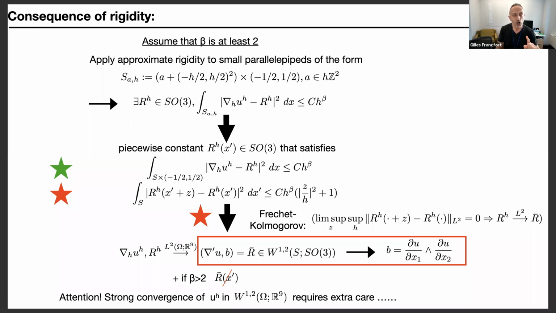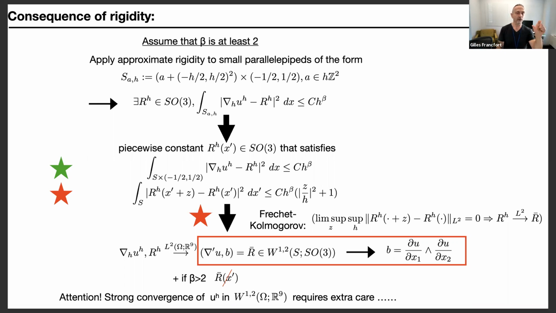But not only that. Because of the same red star estimate, when you divide by z squared and then let h go to 0, you get that the limit is bounded by a constant.